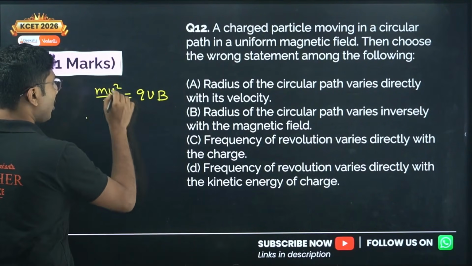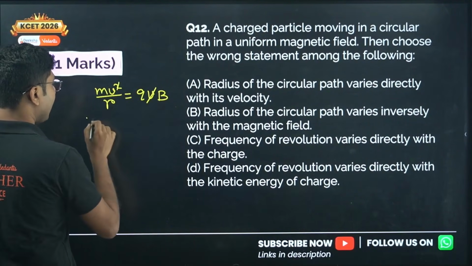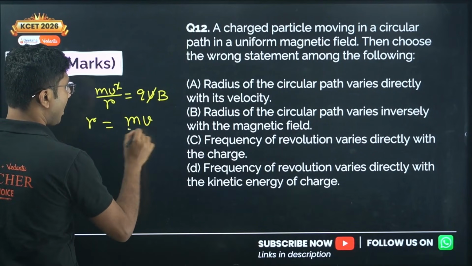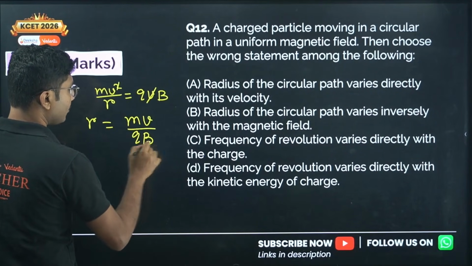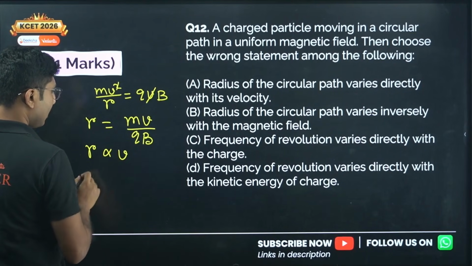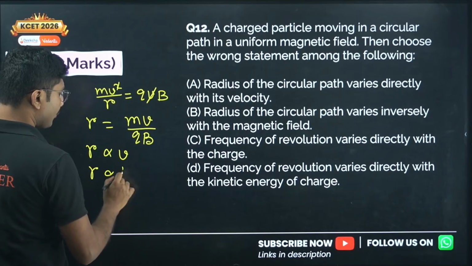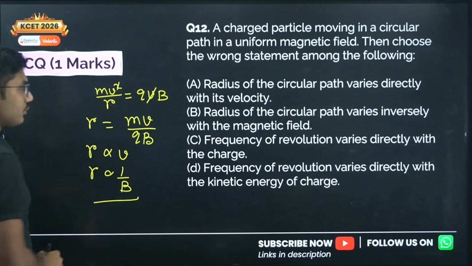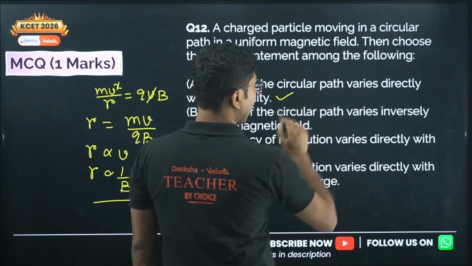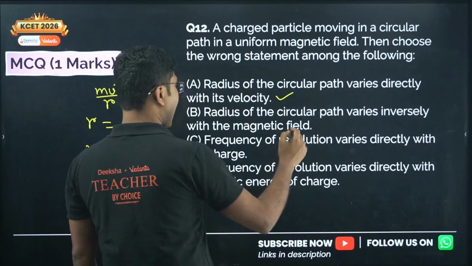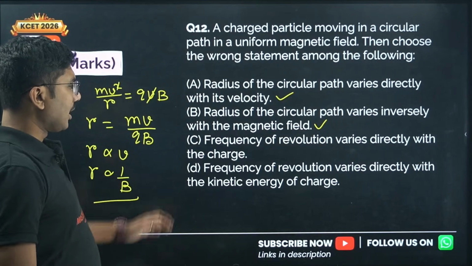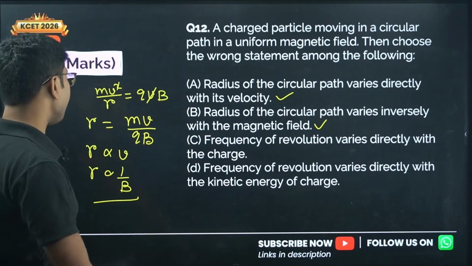One of the v is cancelled, and we get r equals mv by qB. So radius is directly proportional to velocity, and inversely proportional to the magnetic field. Both statements are true. Now we have to calculate the frequency of revolution.